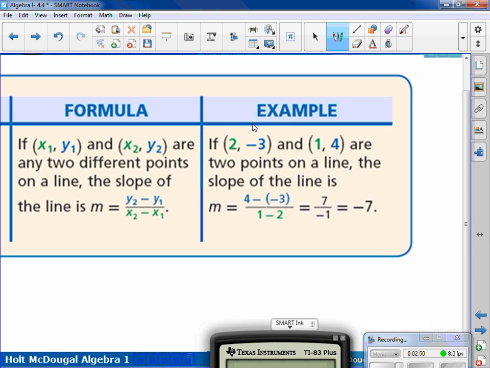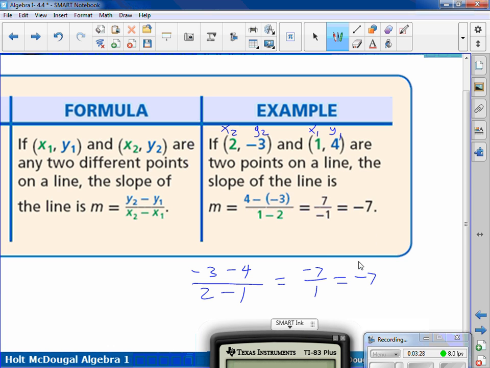These are just labels. So I could have called this one 2 and these ones 1's. y2 minus y1 over x2 minus x1. -3 minus 4, well, -3 and a -4 is a -7. 2 minus 1 is 1. -7 divided by 1 is, what can you tell me?